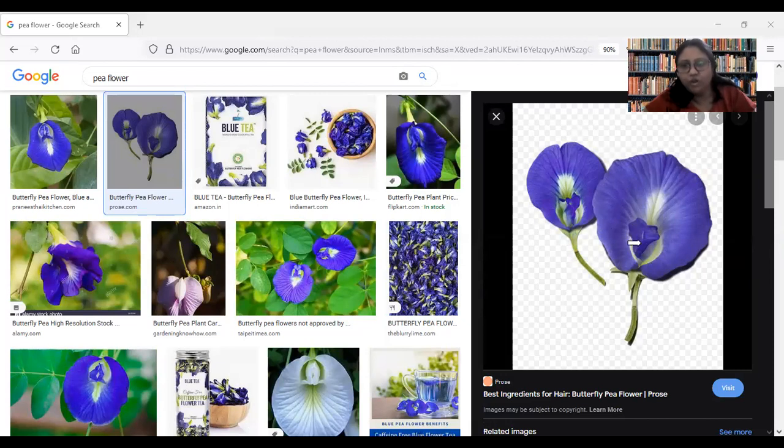Here two small petals are there. So petals are not at all equal in size, and that's why this type of flower is called zygomorphic flower. So this type of flowers are known as papilionaceous flower. Okay, so we will look further.